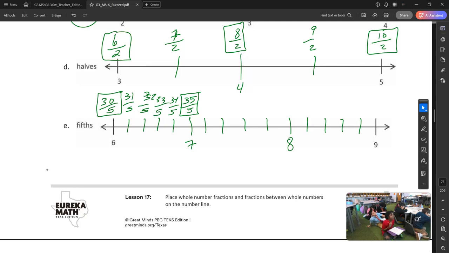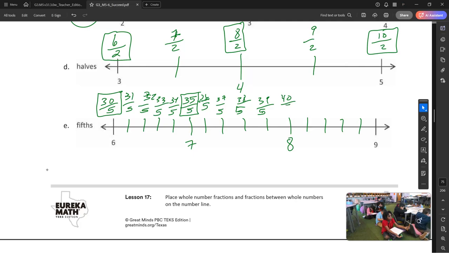I'm counting by fives. 7 times, it gives me 35. 36 fifths, 37 fifths, 38 fifths, 39 fifths, 40. Oh, I said thirds, not fifths, right? My fault. It happens. Fifths, not thirds. Sorry, I don't know why I said thirds.